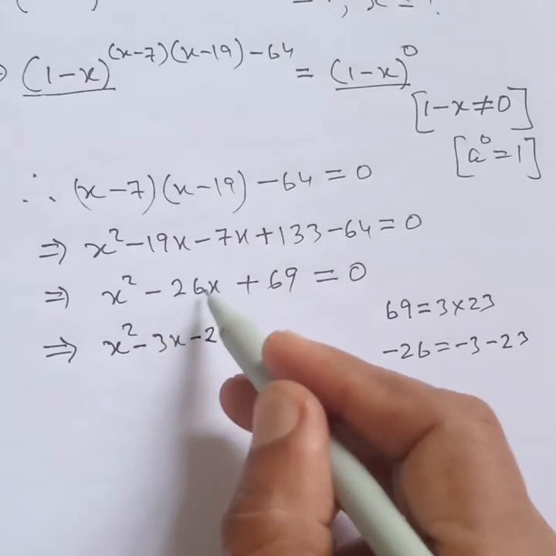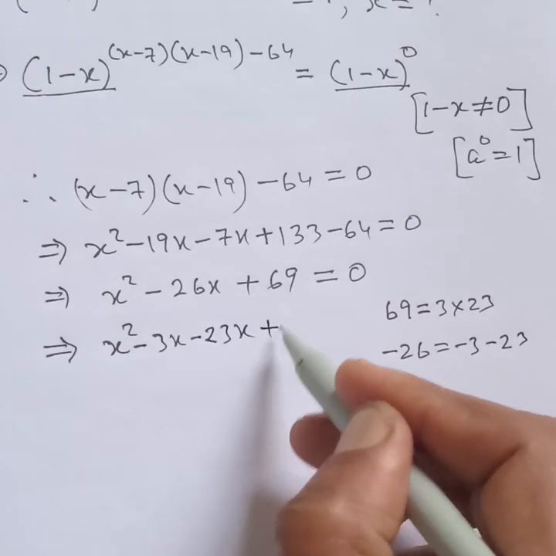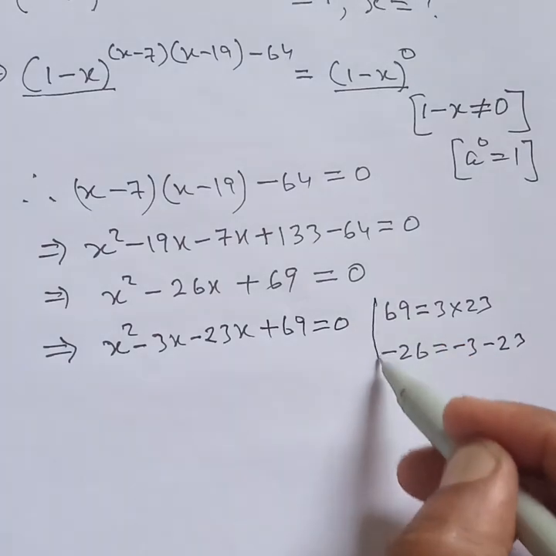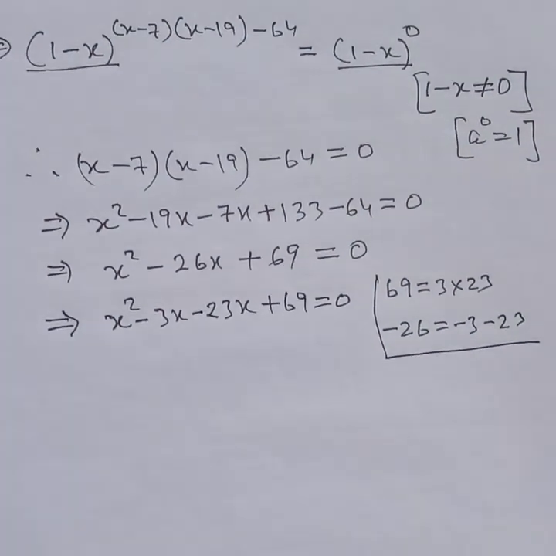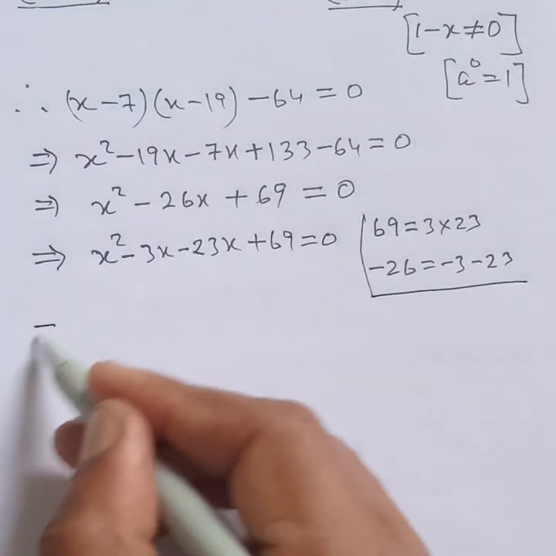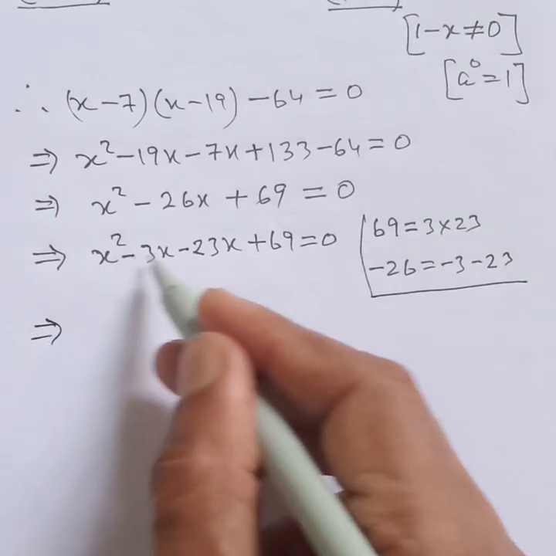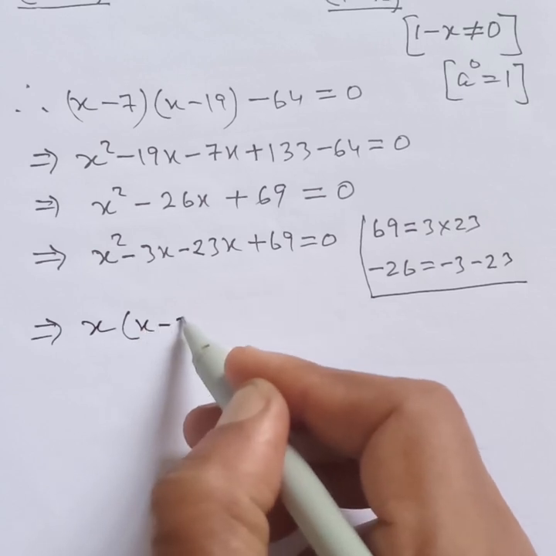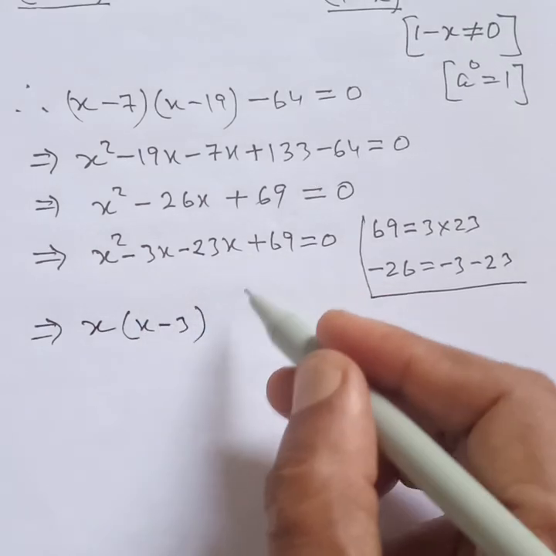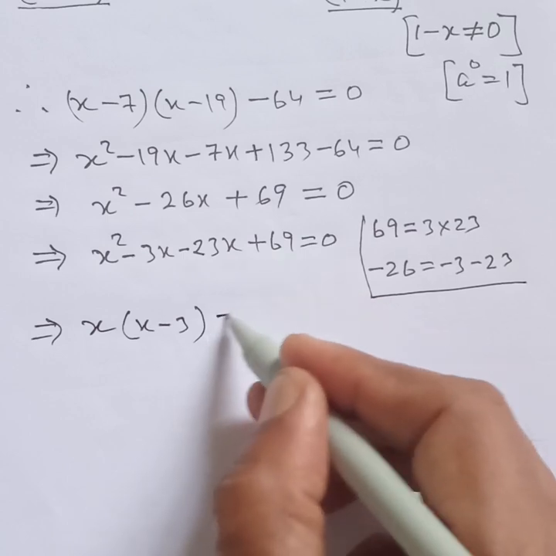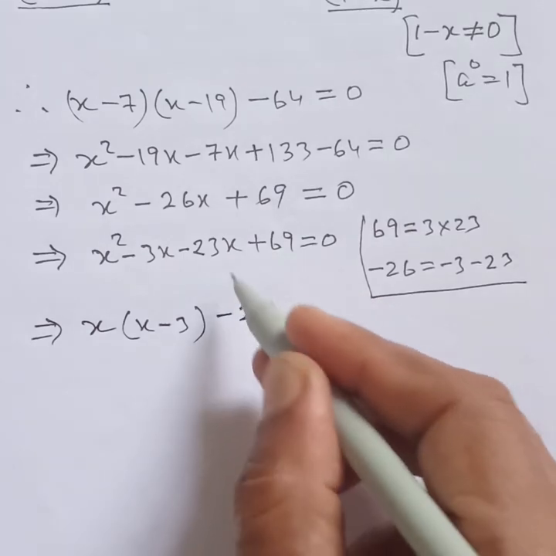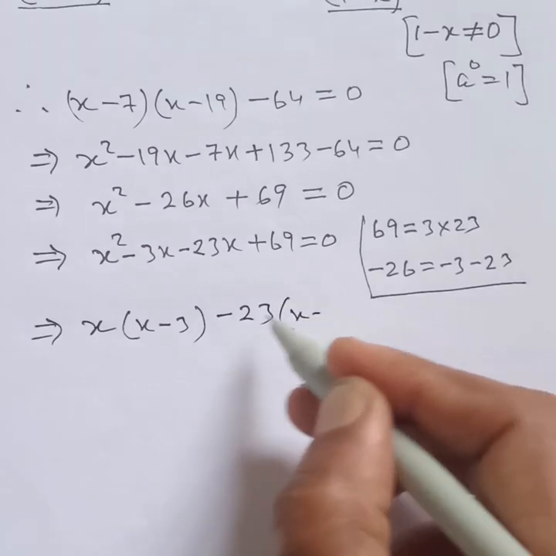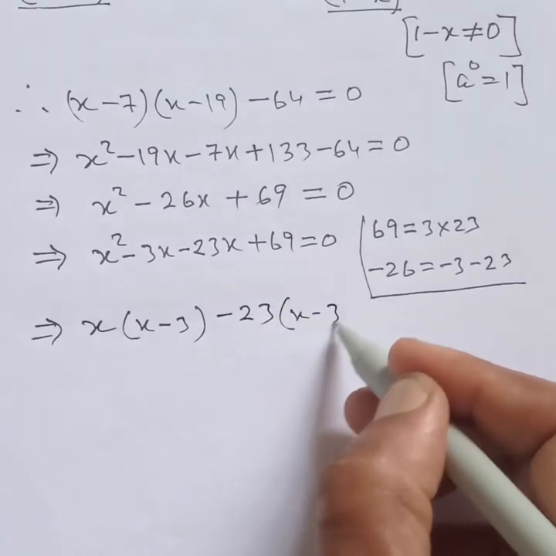This will be minus 26x plus 69 is equal to 0, or x is common from these two terms, then it will be x minus 3, minus 23 common from these two terms, then it will be x minus 3.